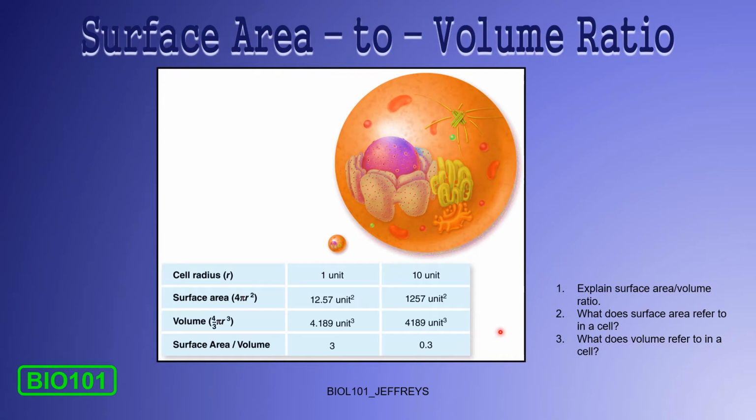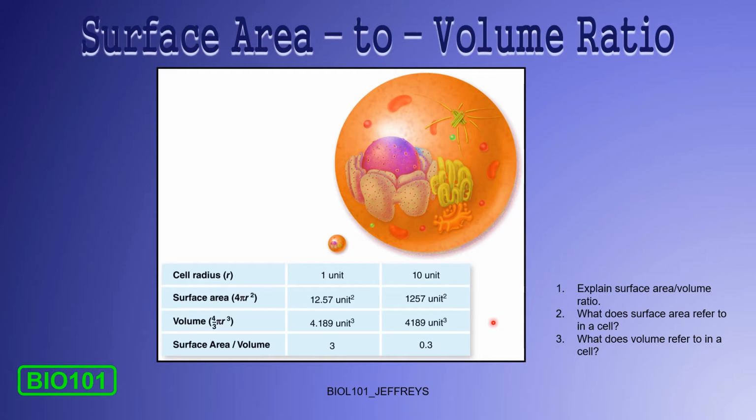Okay, so what does it all mean? That means that diffusion across this cell will occur much faster because of its large surface area to volume ratio than diffusion across the cell membrane into this cell that is much larger, because of its much smaller surface area to volume ratio.